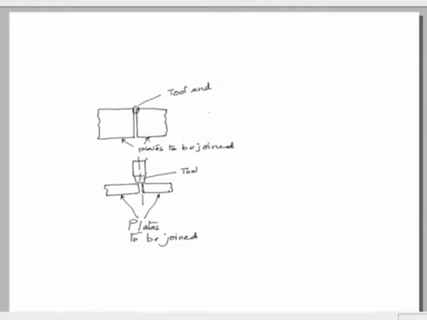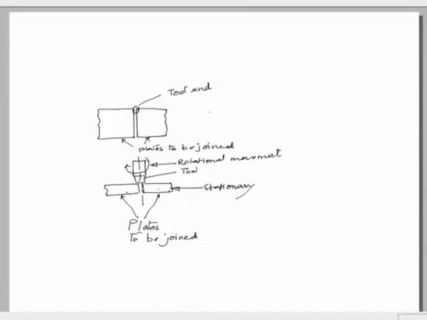A rotational movement will be given to the tool, and these two plates will be held stationary.